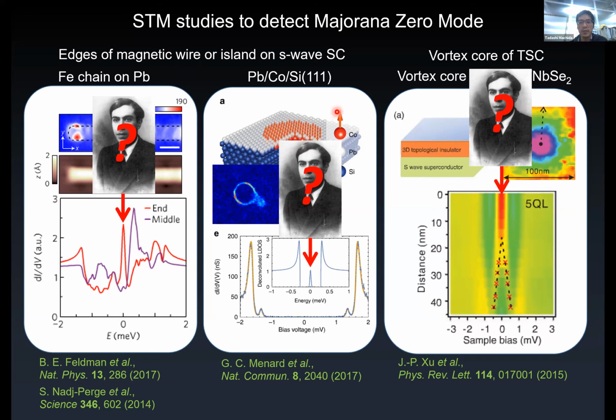From this point of view, the tunneling measurements around the vortex core are beneficial because the energy levels of the conventional vortex bound states have already been established. In other words, we can estimate the energy levels of the conventional vortex bound states if we know the superconducting gap size and the Fermi energy of our target material before the measurements.